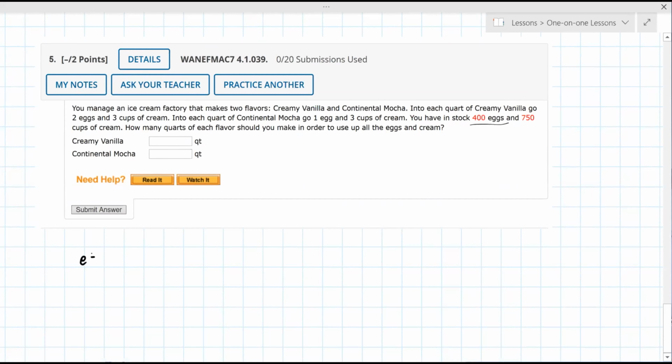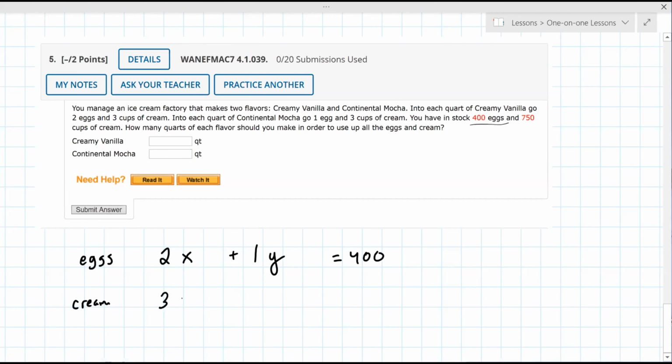So there's an equation for eggs and an equation for cream. The mistake is to make the equation for vanilla and then mocha. The thing they're giving you tells you this. So there's 2 eggs for vanilla and 1 egg for mocha equals 400.